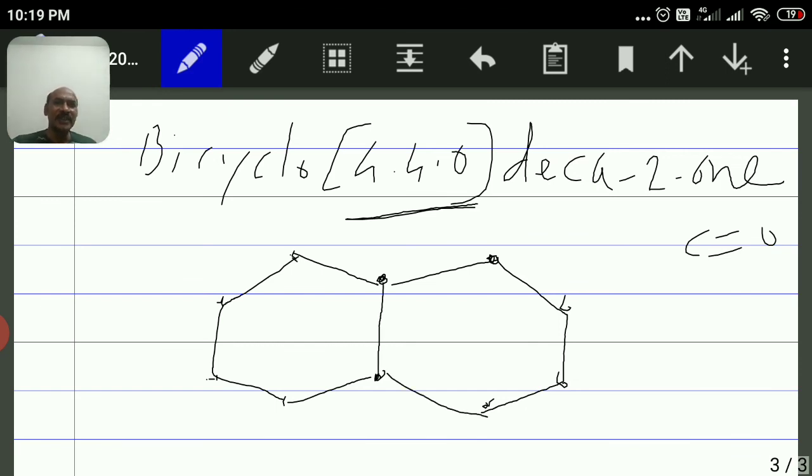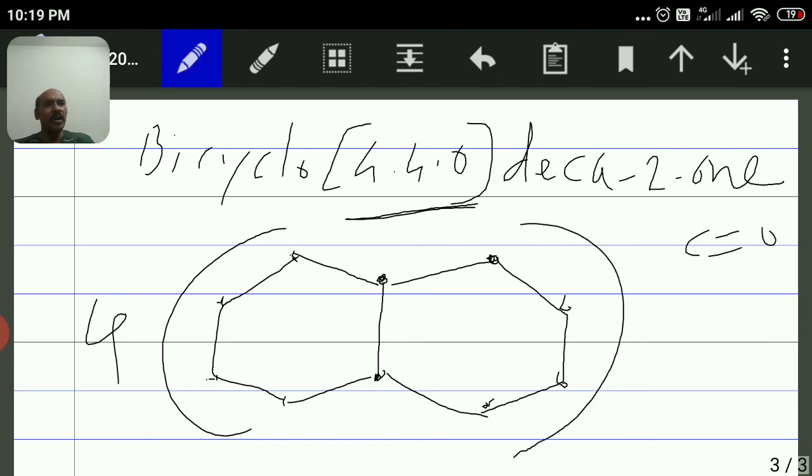So it becomes bicyclic, since it has 2 ring structures, 4 carbon atoms on this side and 4 carbon atoms on this side, and there is no carbon atom in this part. So it is 4,4,0. Total carbons are 4 plus 4, 8, and the 2 common carbon atoms make it 10.